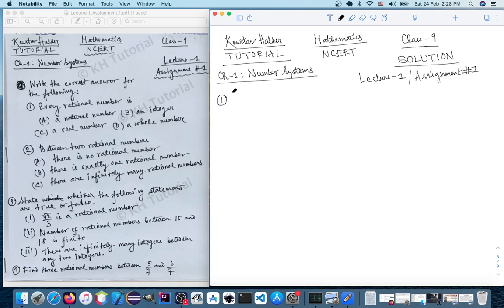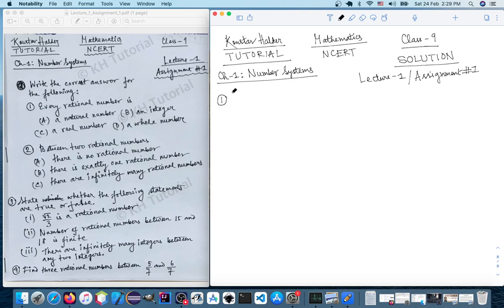Similarly, every rational number is also not an integer, and also not a whole number, because whole numbers and natural numbers lie on the positive side of the origin on the number line.